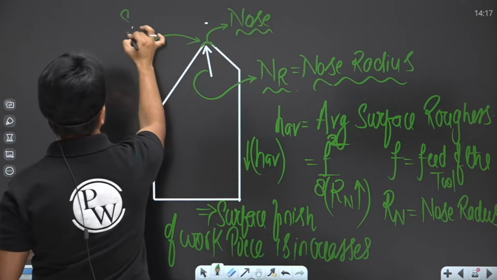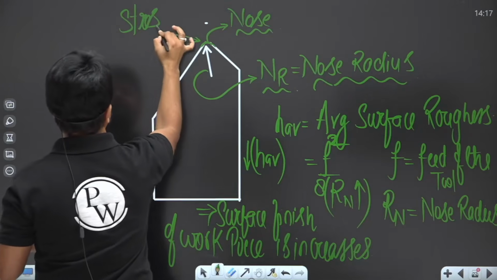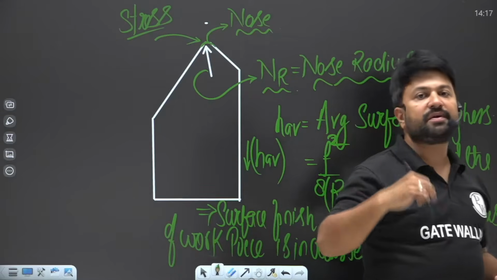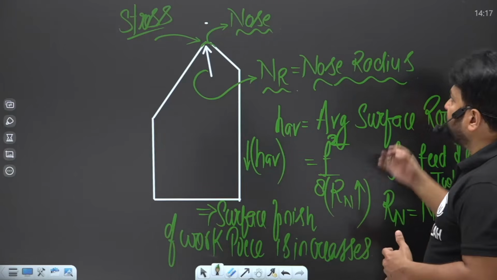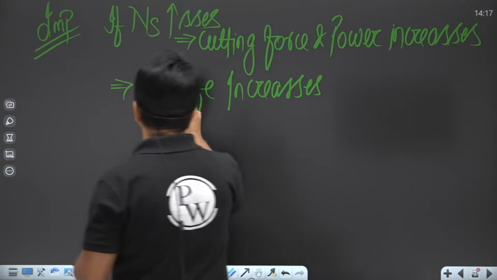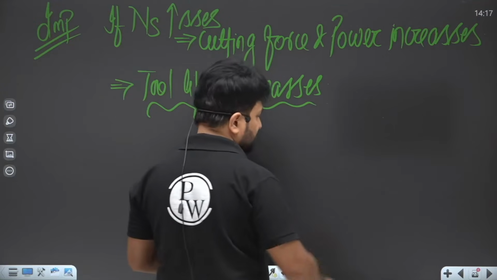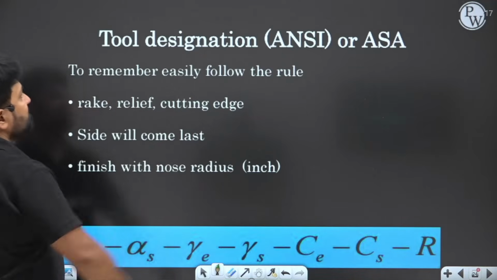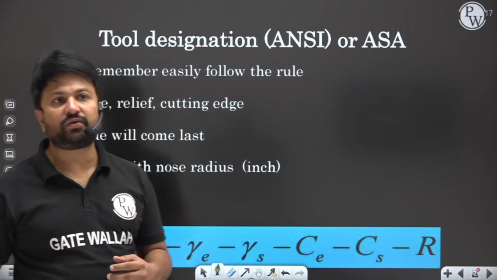The stresses which come on the tip of the tool while cutting are reduced if you increase the nose radius. If the stress concentration is reduced, then the tip of the tool becomes stronger.